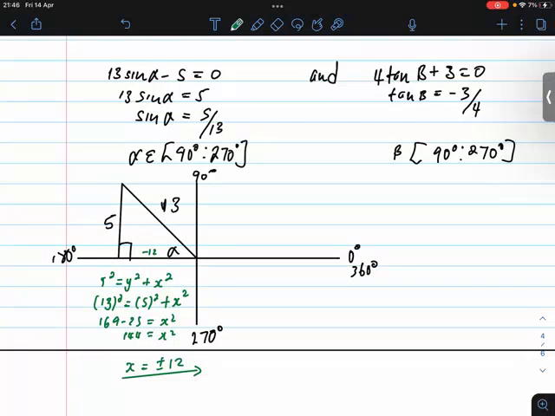In the second and the fourth quadrant, right? Tan is negative in the second and the fourth. And where is it positive? In the first and the third.